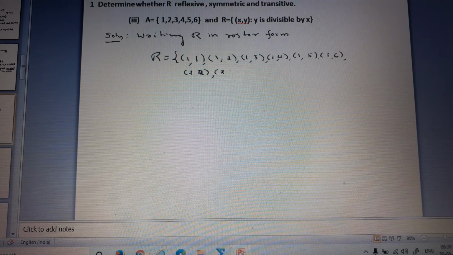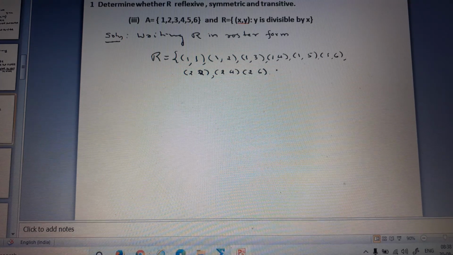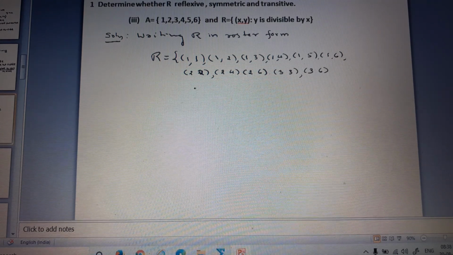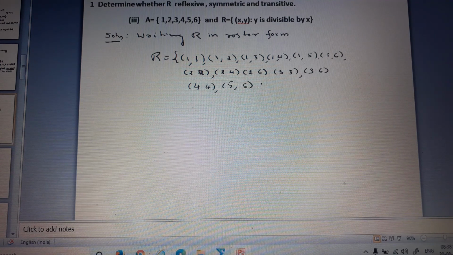Then 2 divides 4 also, therefore 4 is divisible by 2. 2 divides 6 also, so (2, 4) and (2, 6). Then if you take 3, 3 divides 3 and 3 divides 6 also. Then if you take 4, 4 divides 4, that's all. Then (5, 5), then (6, 6). Then I have to close.